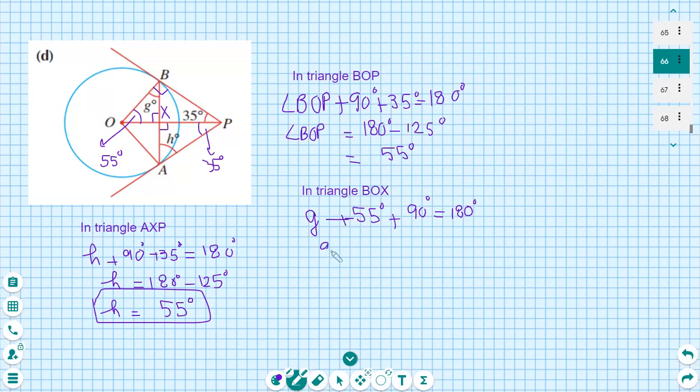So G will be equal to 55 plus 90, 145. So G will be equal to 180 minus 145. So finally we get G equals 35°.